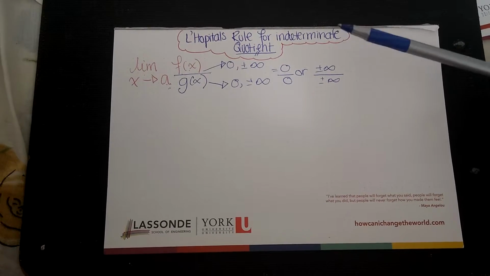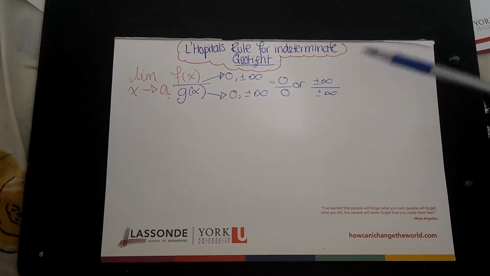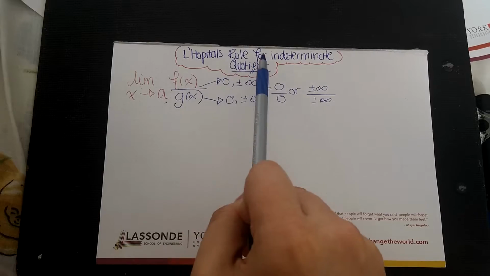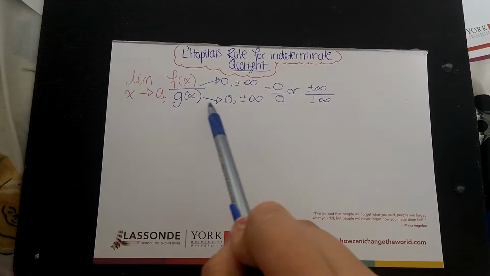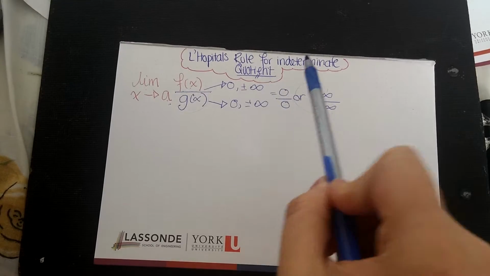In this case, you don't have to worry. There is something that is going to save you, which is L'Hopital's rule. Now, if we look at over here, this is a quotient. This is a quotient, right?